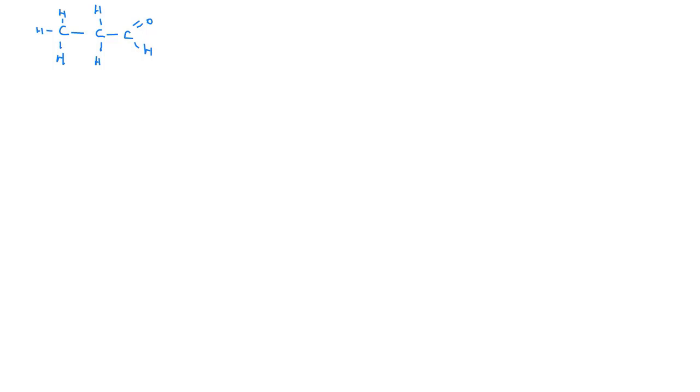So this is a structural formula. But if I tell you to write the condensed formula, you don't write the bonds and you try to condense. So this part, you will write CH3. Then this part, you will write CH2.